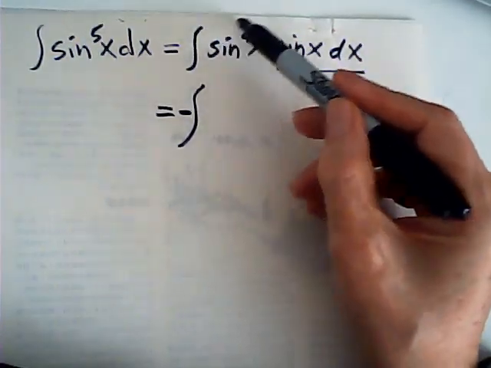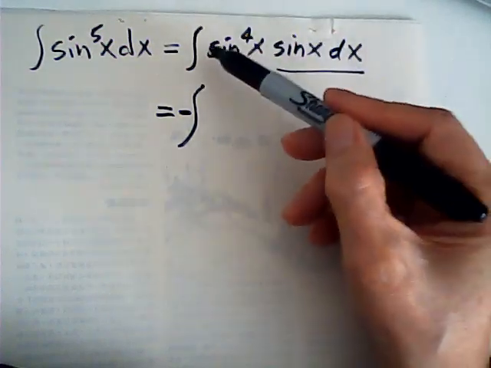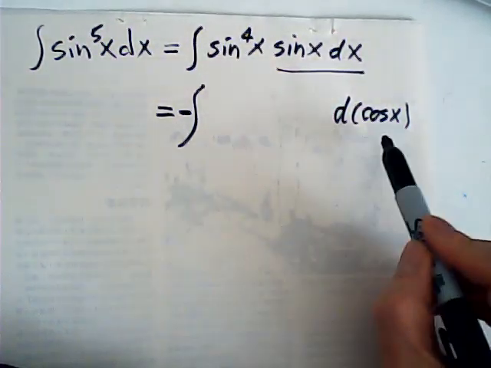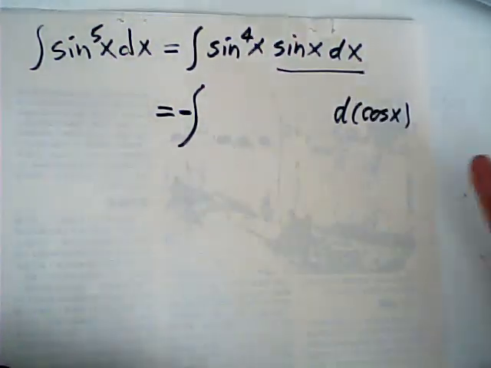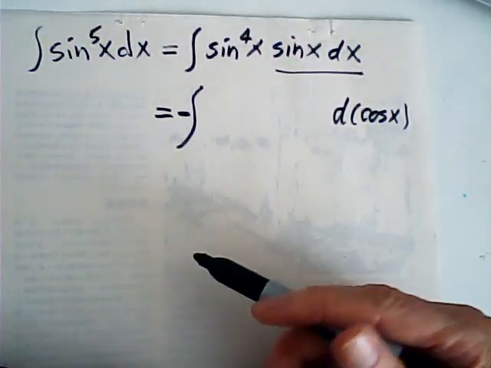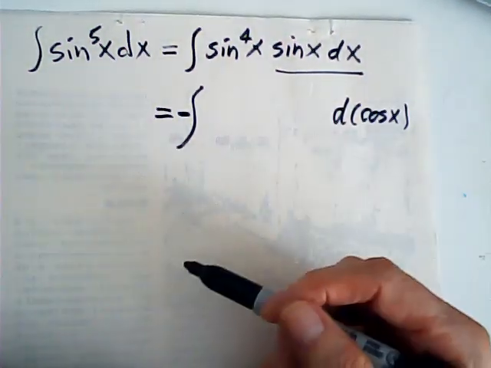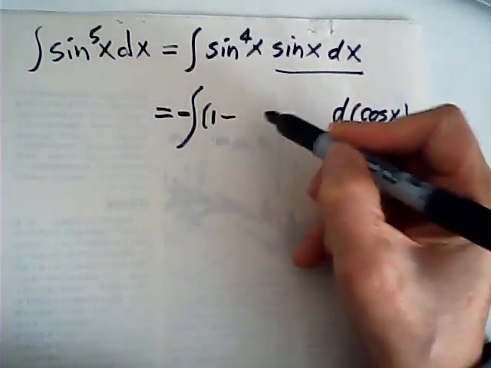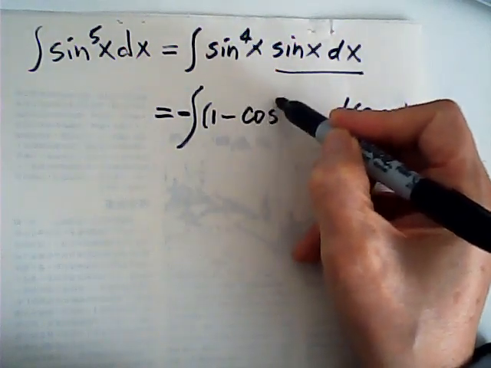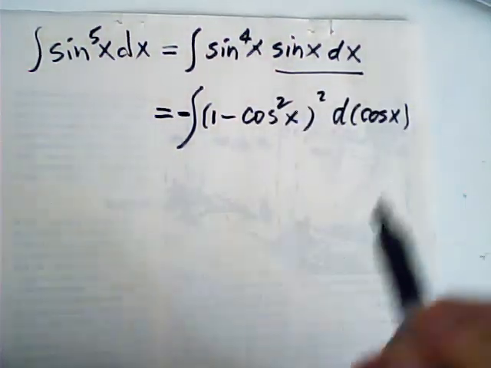Now the function here has to change in terms of cosine. If it's possible, then you're done. If not possible, then use some other method, which is possible, right? Because this is 1 minus cosine square x, squared.